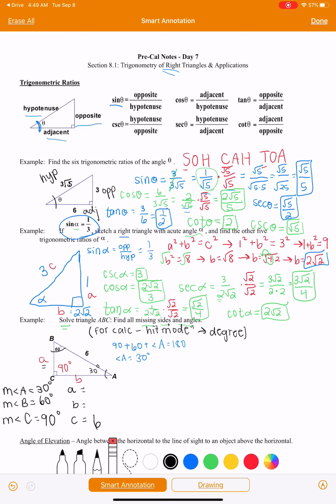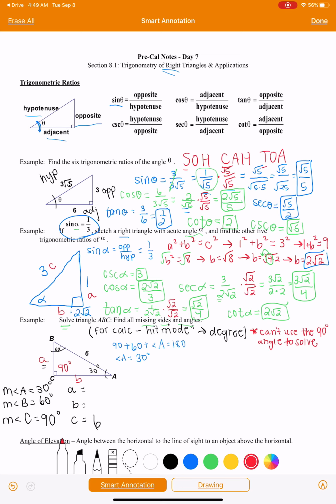So when we are doing right triangle trig, you might want to write this down. Can't use the 90-degree angle to solve anything else. Okay, so it has to be one of the acute angles. Okay, so I'm just going to go ahead and use what we were given to start out, so the 60 degrees.